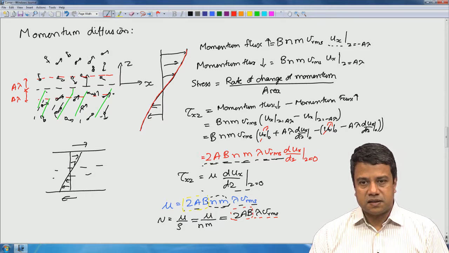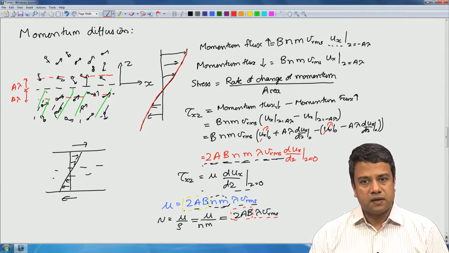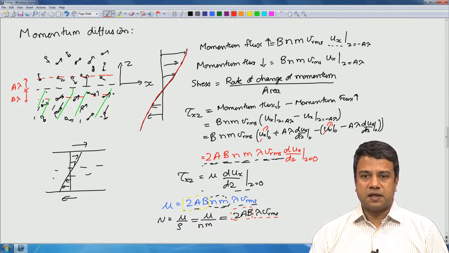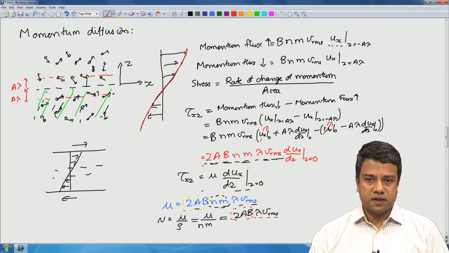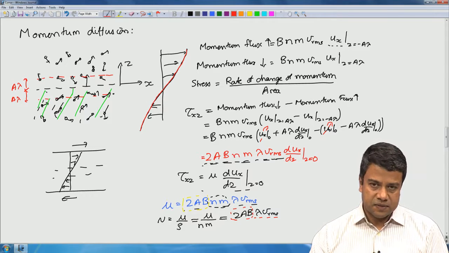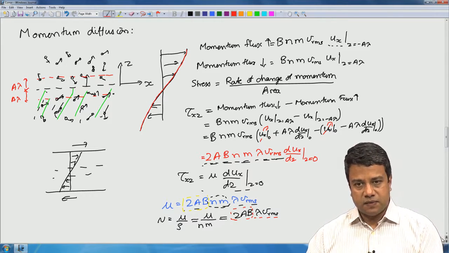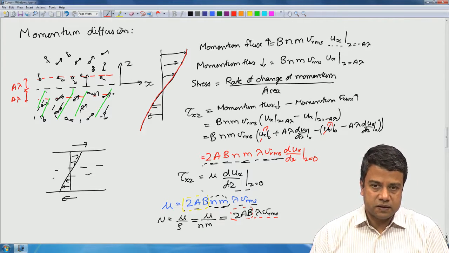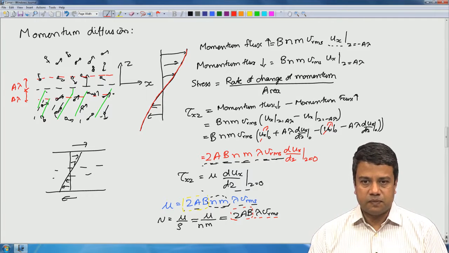Therefore, in gases, the mass, momentum and energy diffusion coefficients are all of the same magnitude. They all scale as the mean free path times the fluctuating velocity, because the flux is equal to the fluctuating velocity times the difference in concentration, and that difference is the mean free path times the gradient. So, the diffusion coefficients are all the root mean square fluctuating velocity times the mean free path.